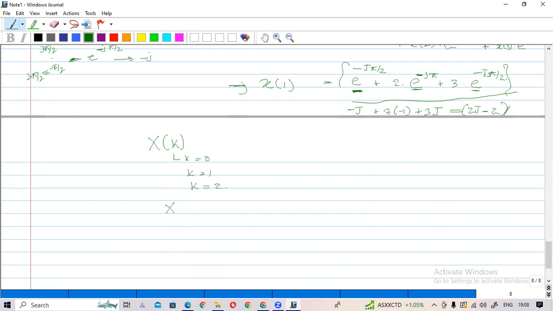That is x2, equal to the sum over n from 0 to capital N minus 1. Capital N means the number of samples.